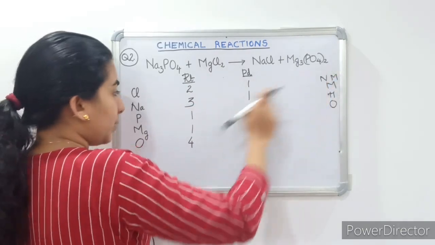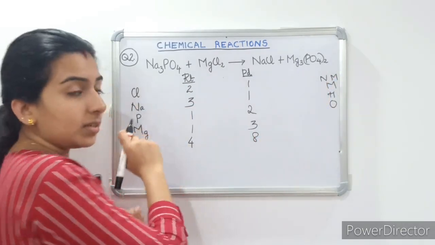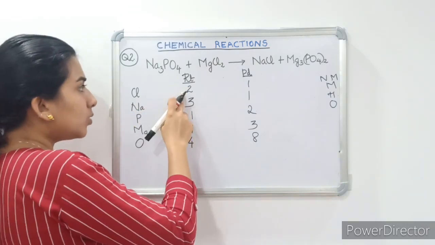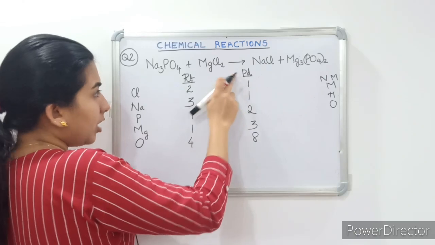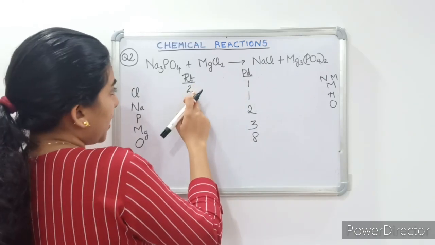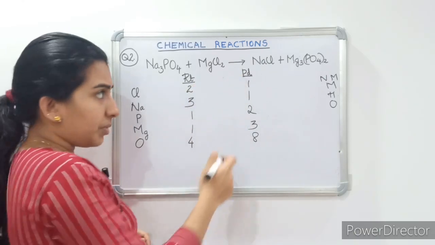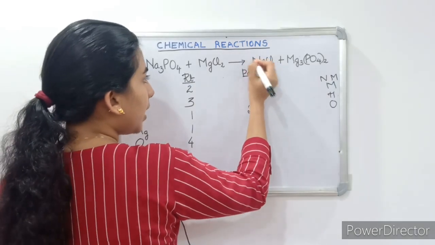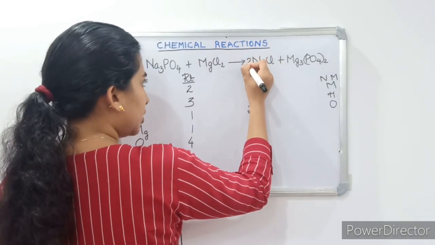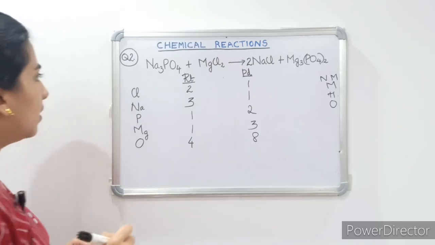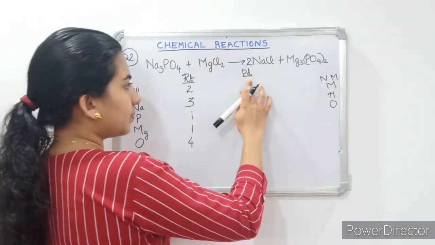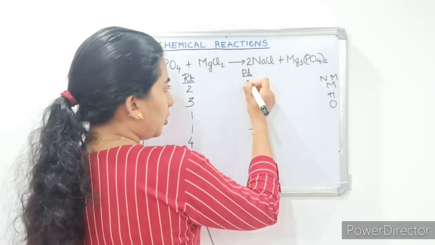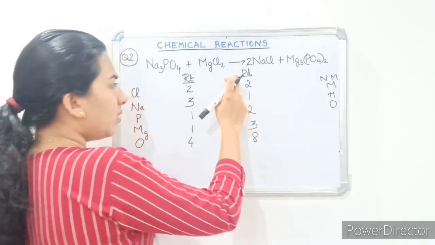Now, consider the non-metal among these. Here chlorine is the non-metal. In the case of chlorine, there are 2 in the reactant and 1 in the product. So, making this 1 into 2 is very much easier. So, add a coefficient 2 here, that is 2 chlorine on the product side.